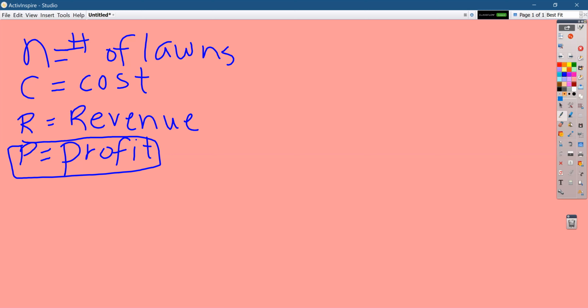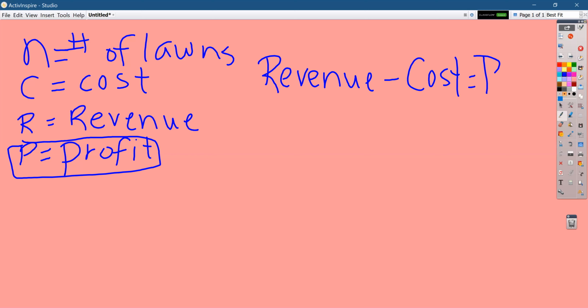Profit is found when you take the revenue, the amount of money that he makes just from mowing, and we subtract his costs. When we do that, we get profit. So that's what we're interested in. Revenue minus cost will equal his profit. What we know is that his revenue, the amount of money he makes for mowing lawns, is $22 times the number of lawns.